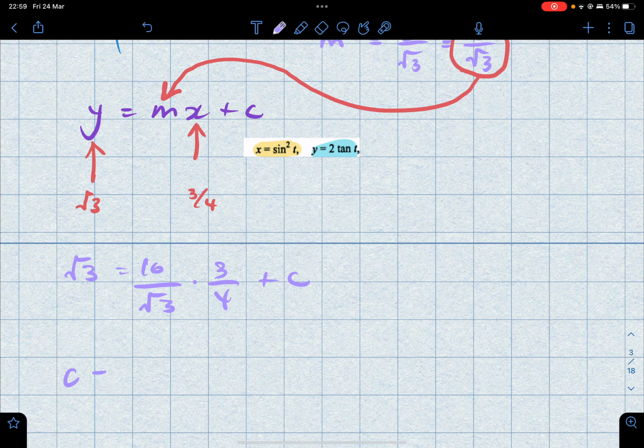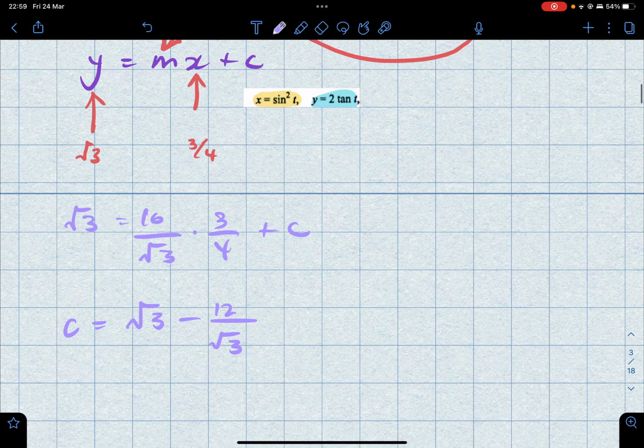So c will be root 3 minus 12 over root 3, which is minus 3 root 3.